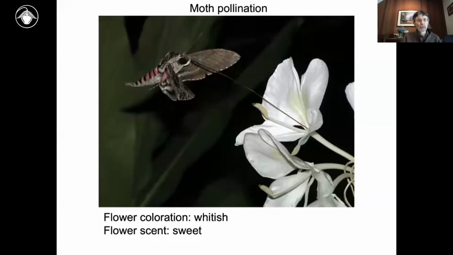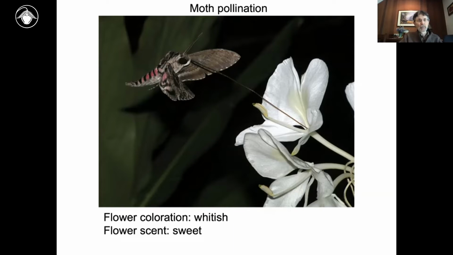And before I go any further, I just want to point out that these types of syndromes I'm talking about represent suites of characteristics associated with a particular pollinator or a guild of pollinators that does not necessarily represent all of the effective pollinators of those plants.